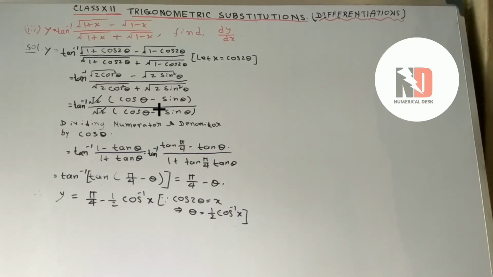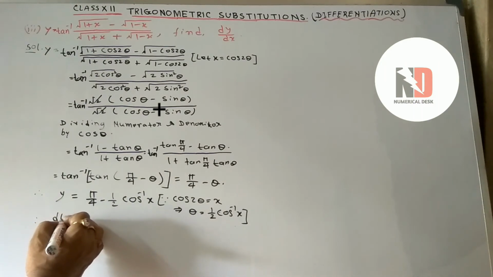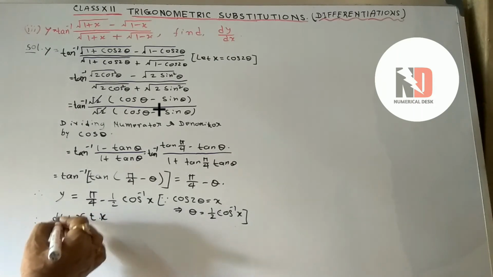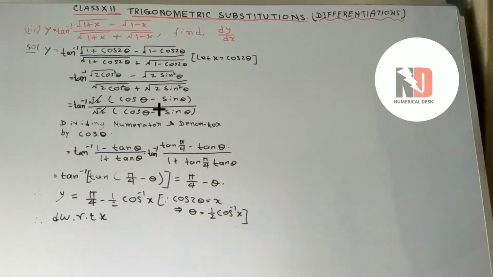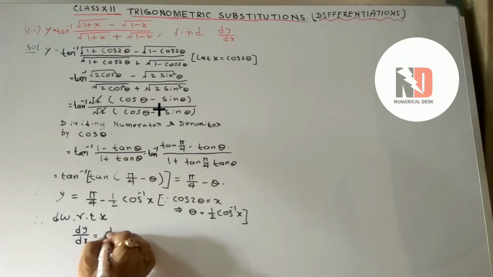So y becomes in its particular form. Differentiating both sides with respect to x, there is no question of any chain rule or substitution, because it is cos inverse x.